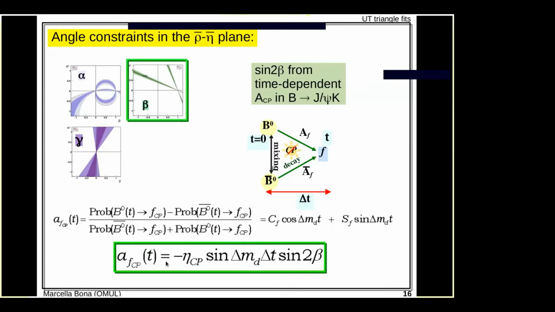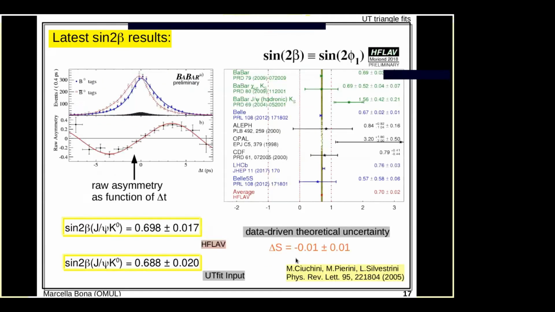And in the case of what we call the golden mode, the J/psi K0, your asymmetry is simplified to this, where you directly see your coefficient here as sin 2 beta. And so you extract sin 2 beta in a very nice and clean way.